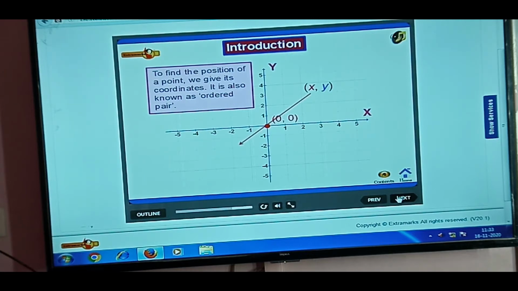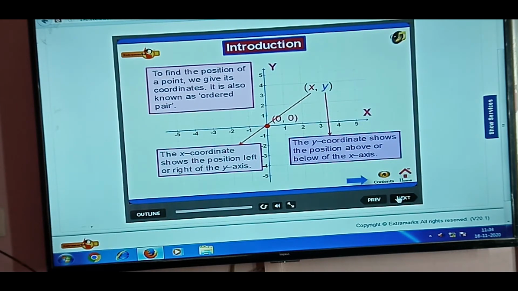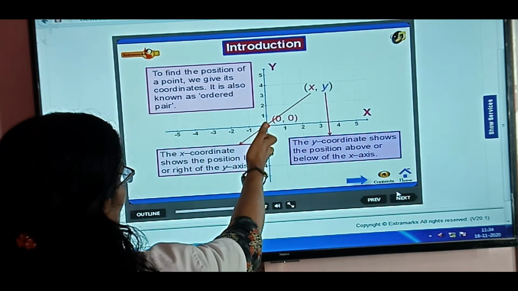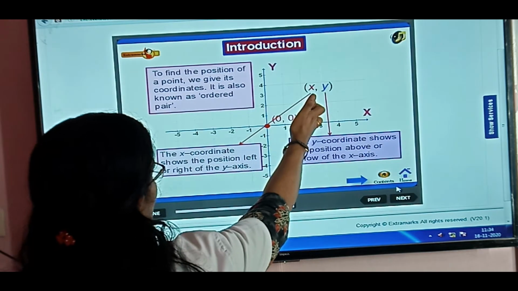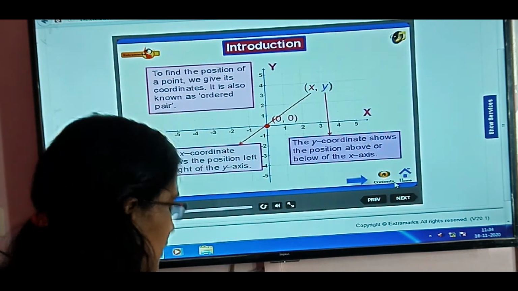X coordinate represents the position left or right of the y-axis. Y coordinate represents the position above or below the x-axis. My dear children, in the Cartesian plane, you already know the origin, the ordered pair 0, 0. This is origin, point x, y. X is the x coordinate, y is the y coordinate. All this you have studied in smaller classes.